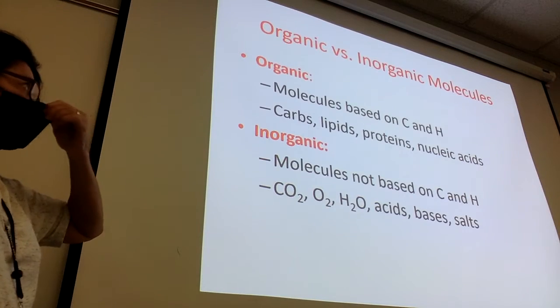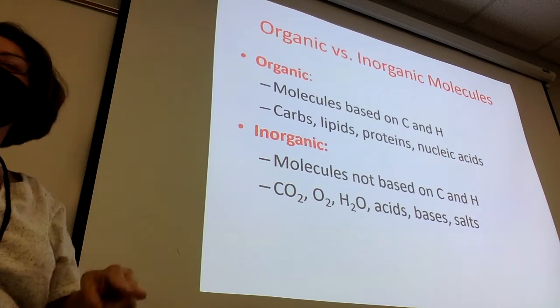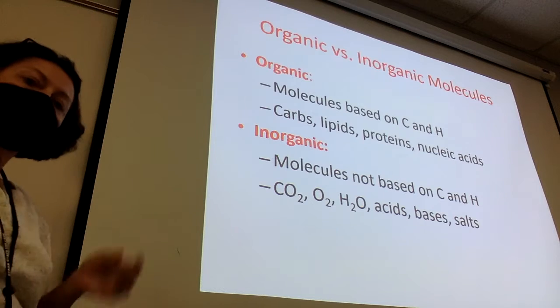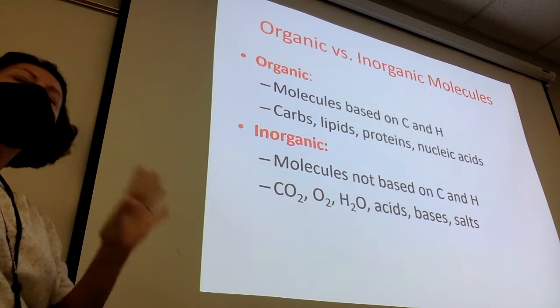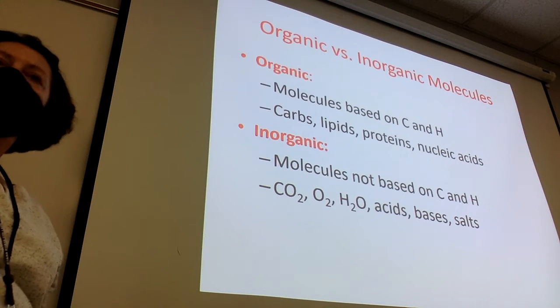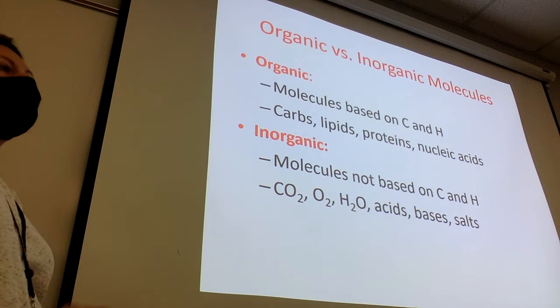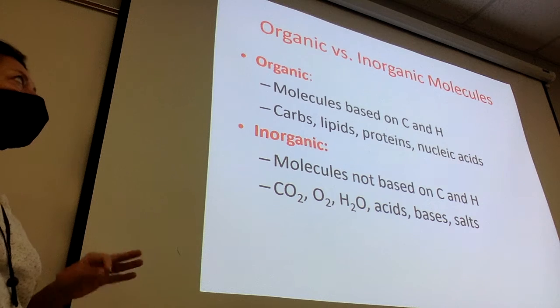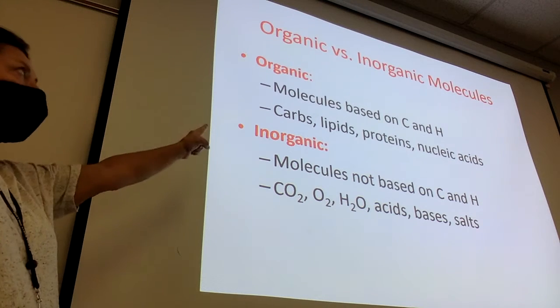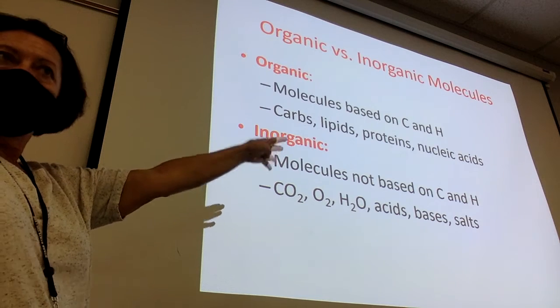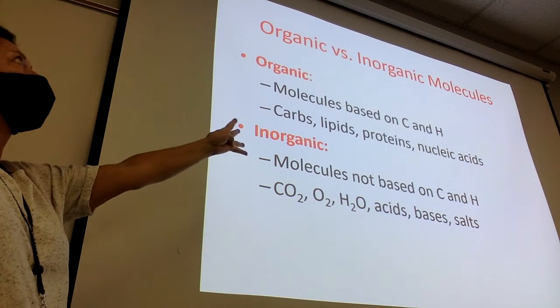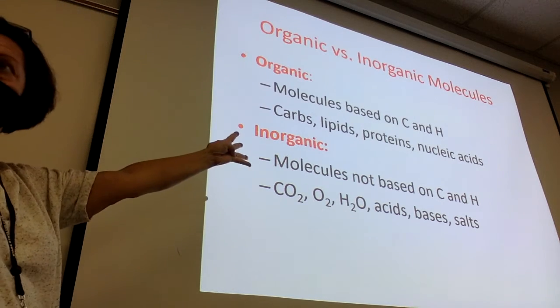Organic compounds have carbon and hydrogen. We used to always say that organic compounds only had carbon. That's kind of a standard high school statement, but now as we move on, organic compounds are going to have carbon and hydrogen. Carbohydrates, lipids, proteins, and nucleic acids are the 4 most important organic molecules.